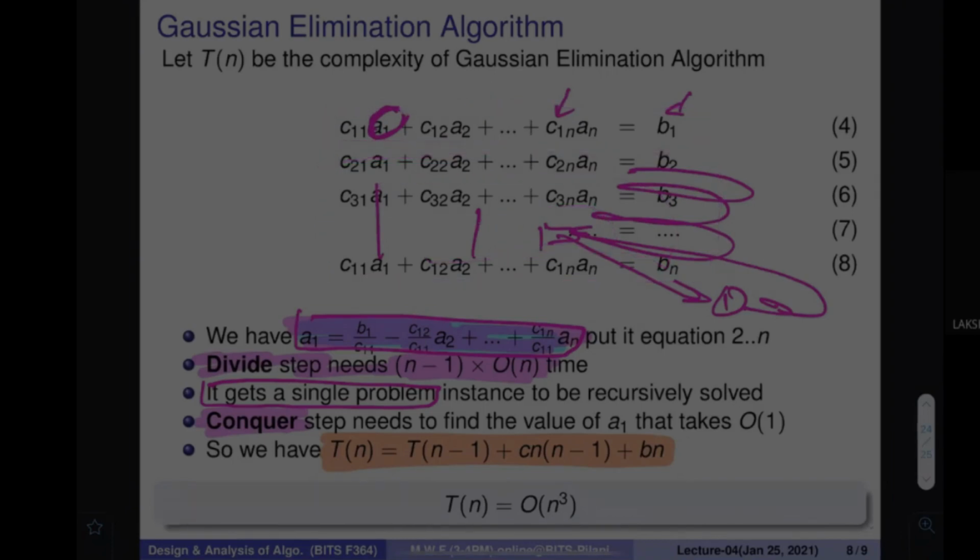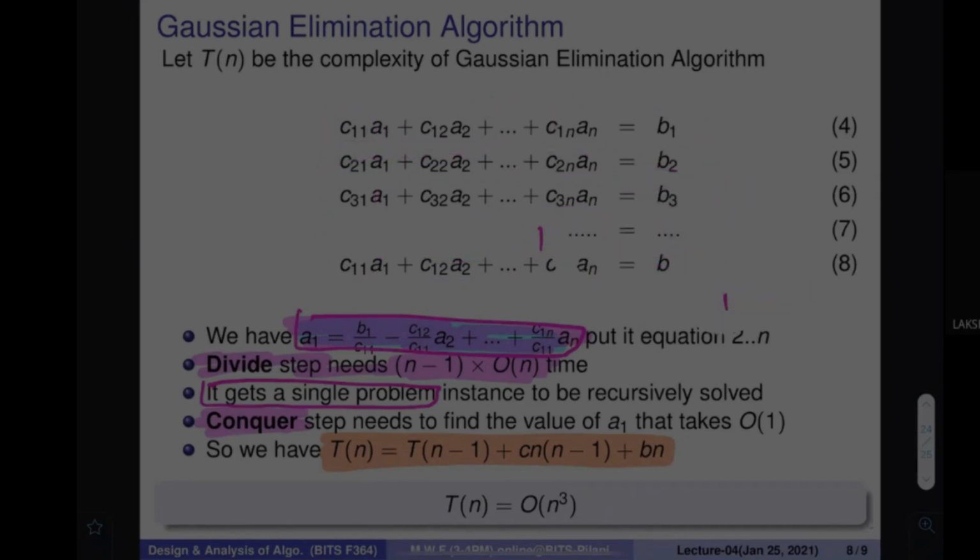so how to divide this? From an n size problem I want to go to an n minus 1 size problem. So I find that a1 is equal to, I take all these things to this side and divide by c11, which was here. Clear? So how much time is it going to take?